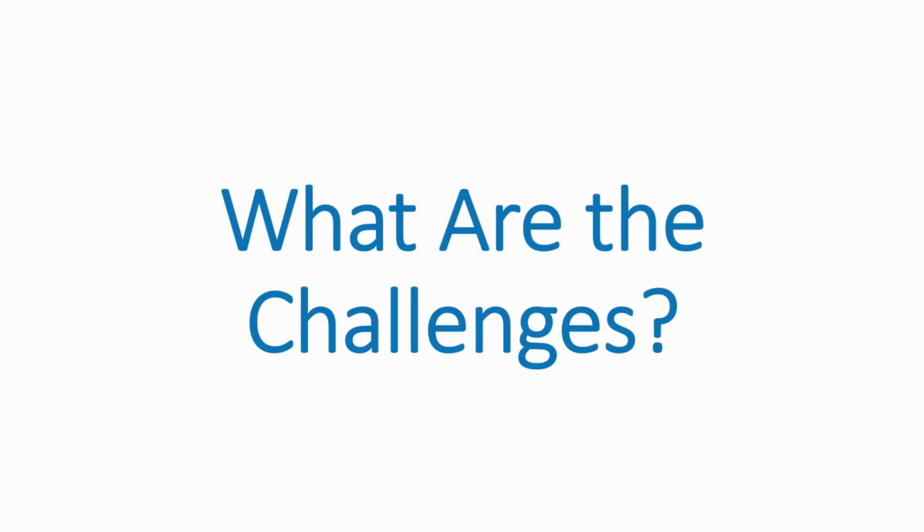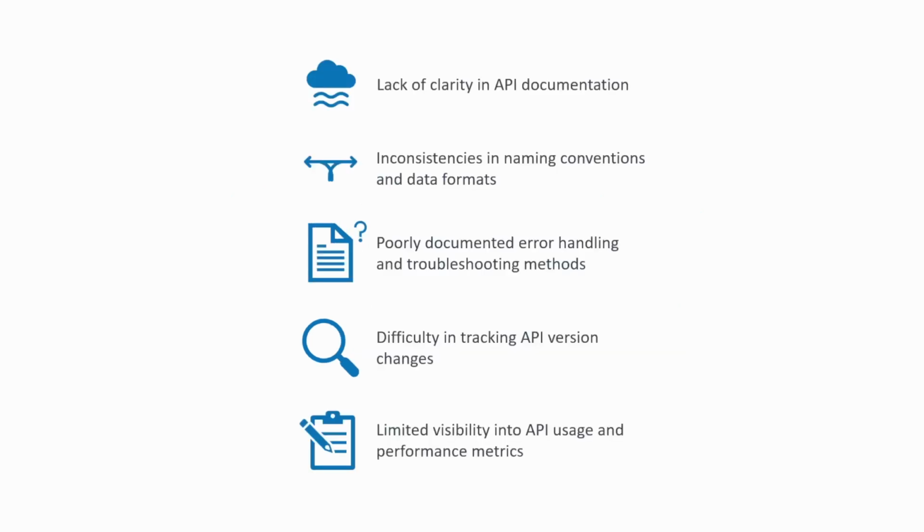Now, what are the challenges or the problems you can face when you're building an API? Just a few examples. You can have a lack of documentation. You can have inconsistency between namings. Even if you use the same field, you can add an S at the end, and then here's a new field. You can also have a problem with documenting your error handling.